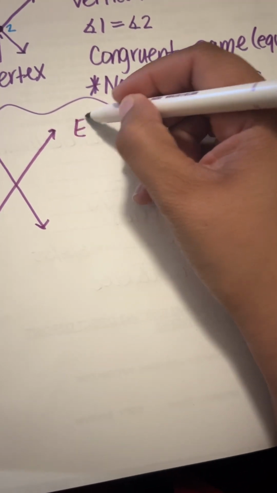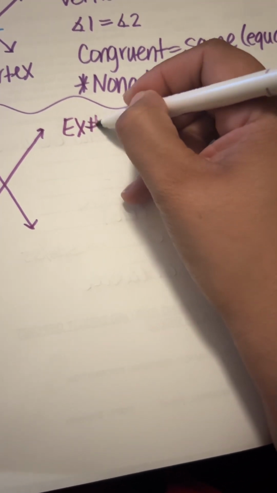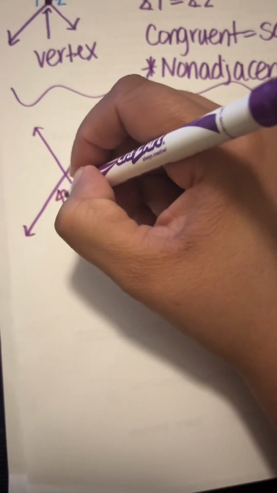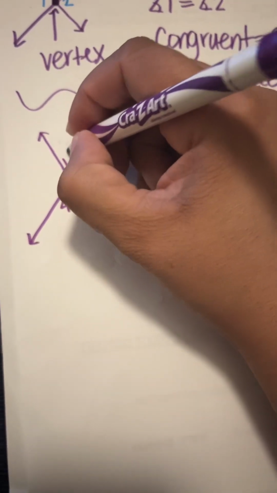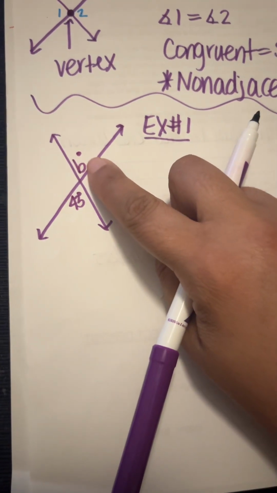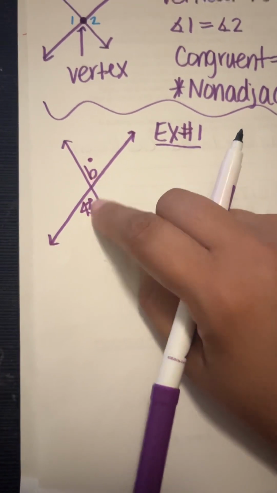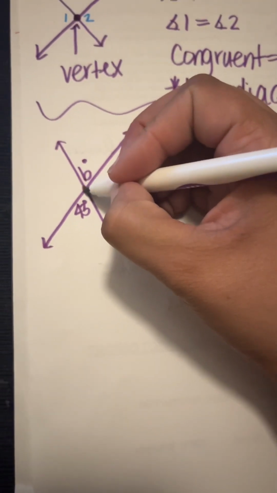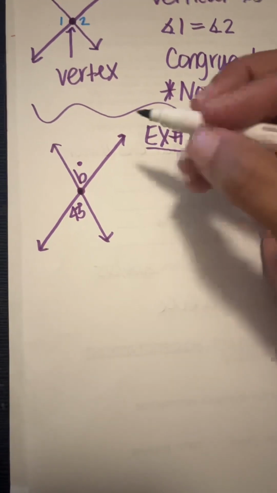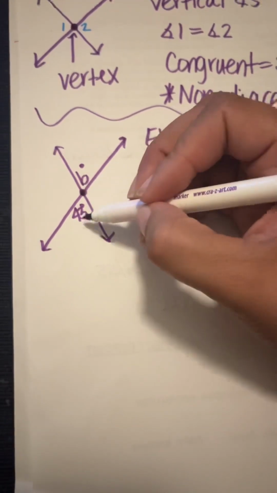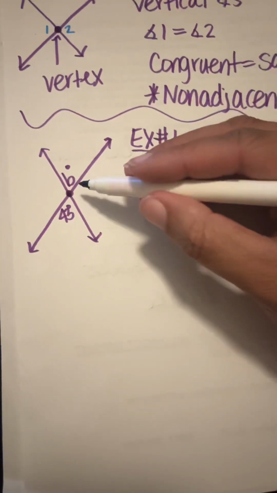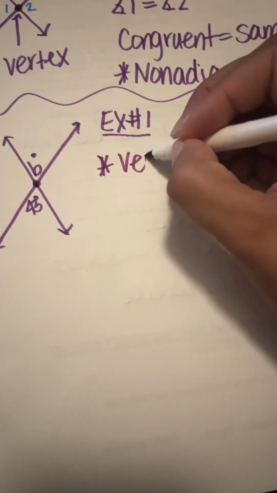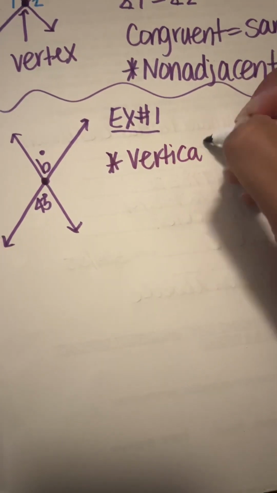So example number 1. If this angle is 43 degrees and I'm trying to find the angle of B, well, you need to know what these are. They share a vertex, okay? They are also opposite to one another. So what this means is these are vertical angles. And what do we say vertical angles are?